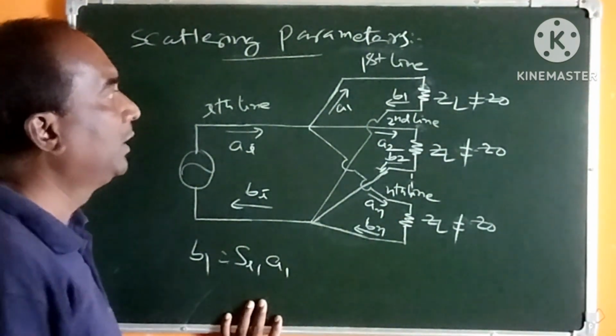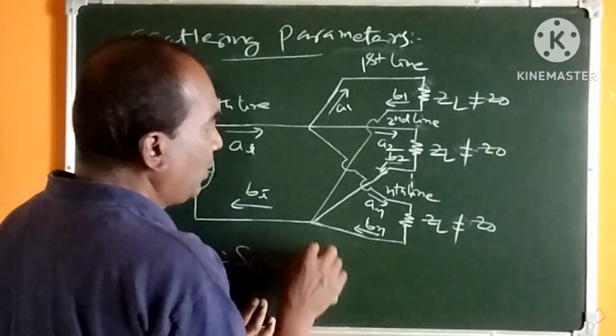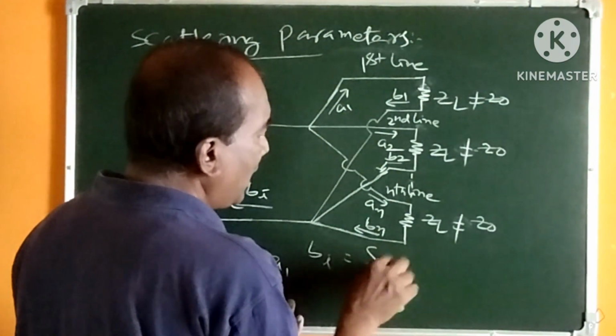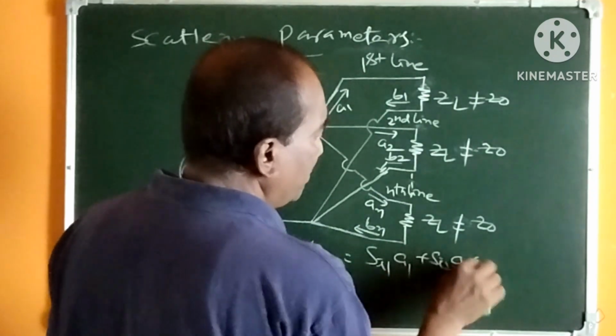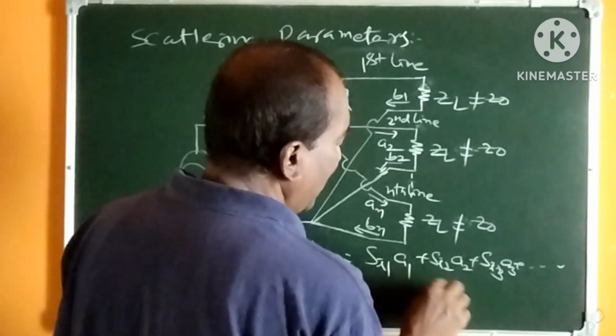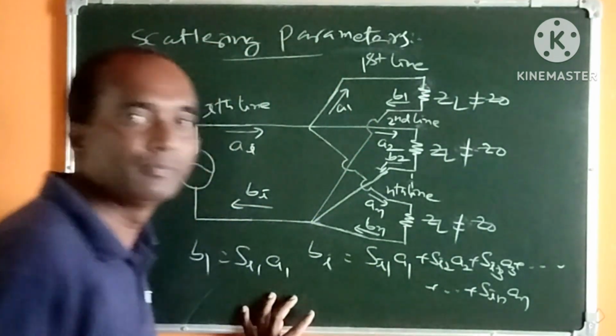Due to that, the output may be expressed as Bi equal to Si1 into A1 plus Si2 into A2 plus Si3 into A3 plus etc. plus Sin into An.